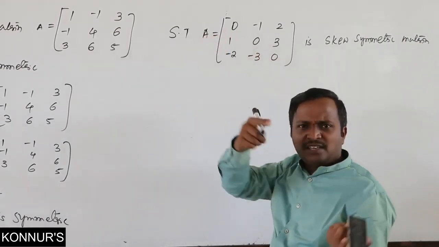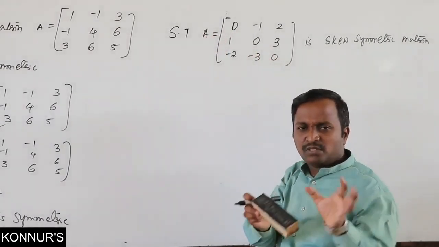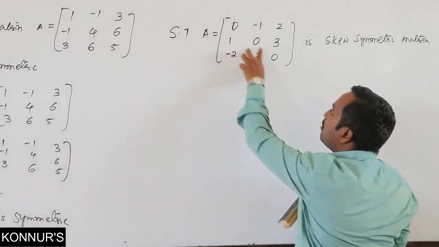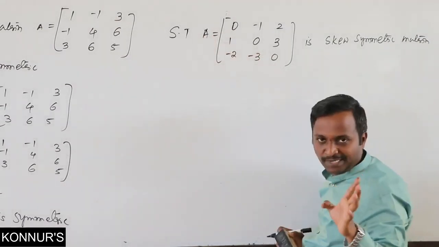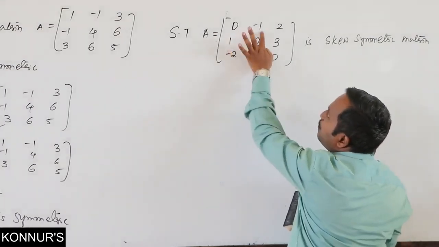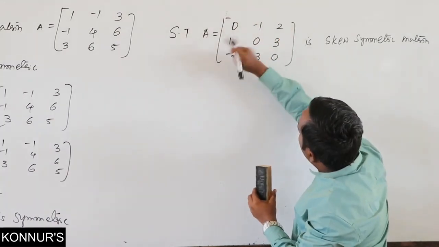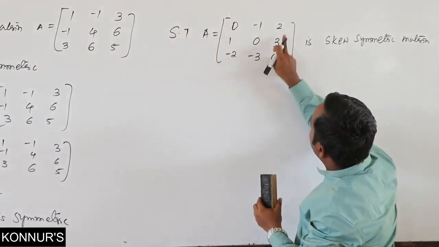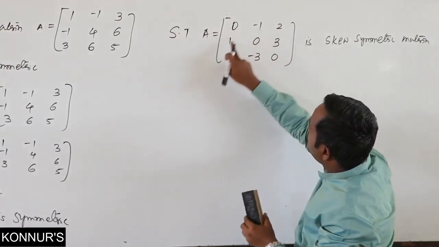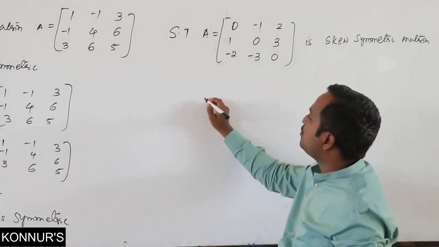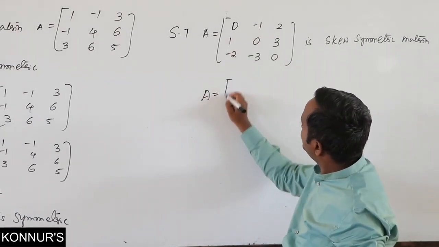We can observe, in the point we just mentioned, all diagonal elements must be 0, and skew symmetric means opposite sign. If I fold, it will have opposite sign: 2, minus 2, 3, minus 3, minus 1, 1. Okay. So how to show?